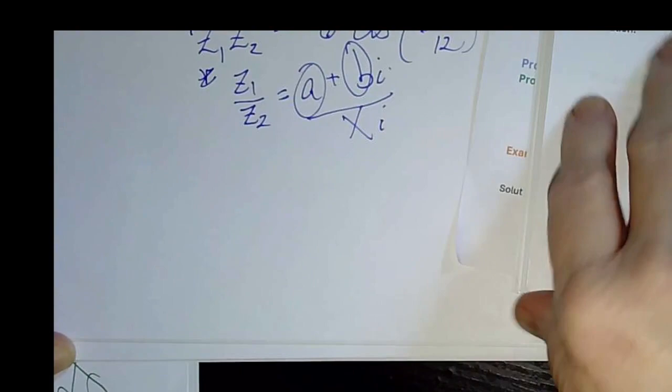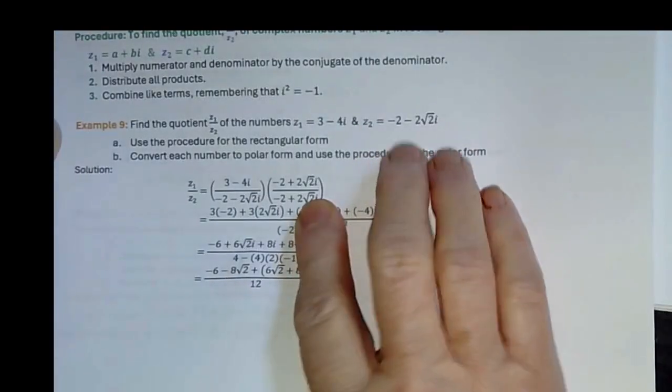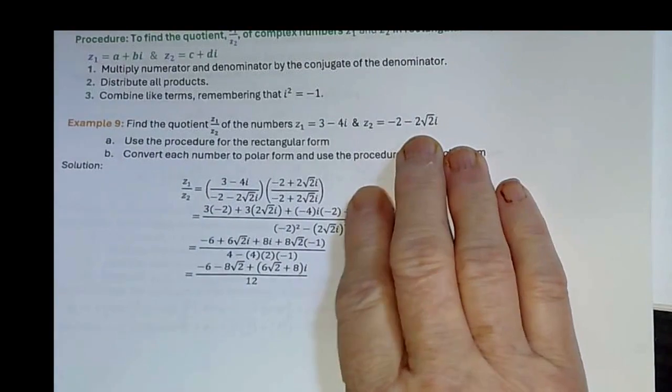So let's see. Let's do example 9. So we're going to let z1 be 3 minus 4i, and z2 be negative 2 minus 2 square root of 2 i.